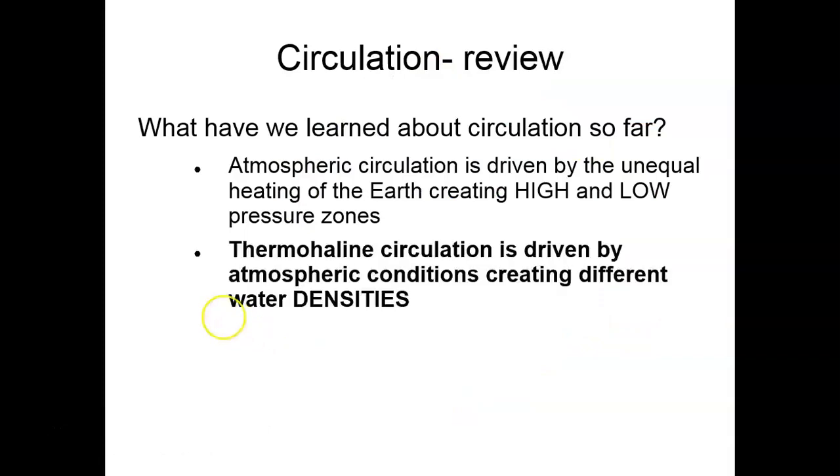Okay, then the second topic on circulation was thermohaline circulation, and remember that that is large-scale ocean circulation. It's driven by densities, and the densities are driven by the atmospheric conditions. So basically, whether it's very warm or very cold, whether it's raining or there's not a lot of rain.